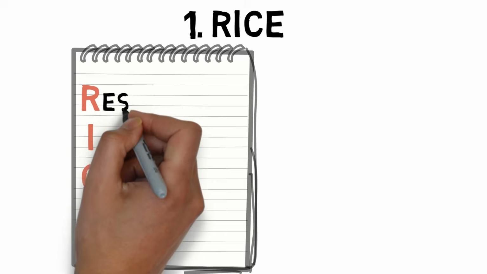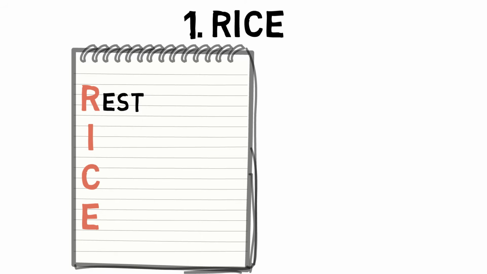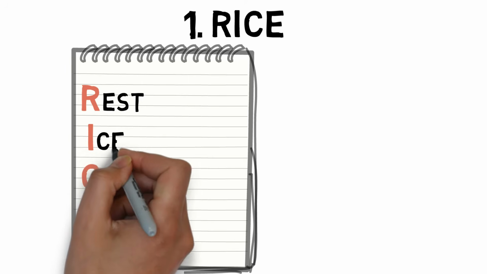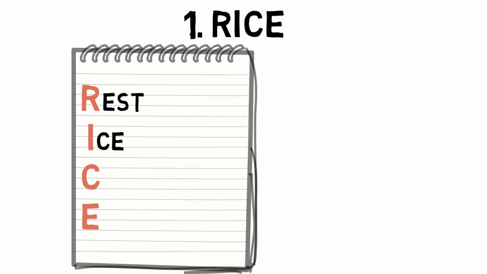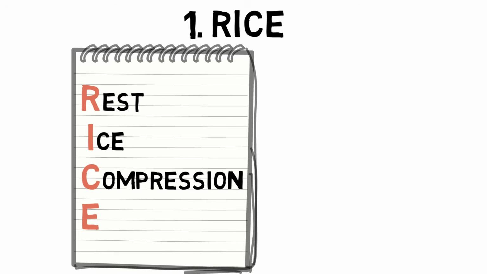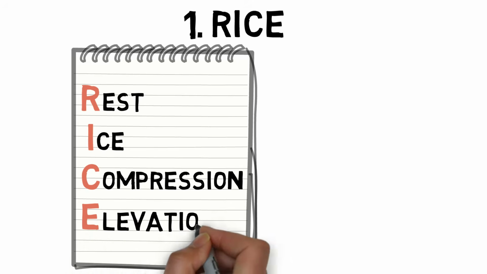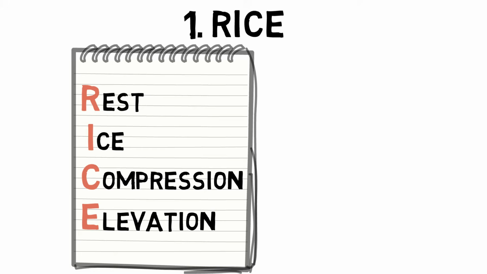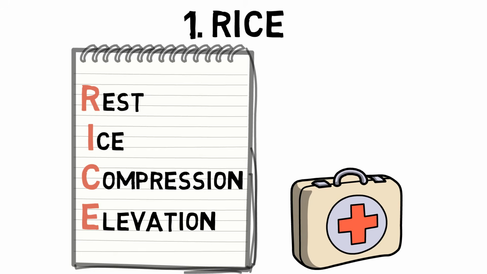Rest the injured part of the body, ice the affected area to reduce inflammation and pain via vasoconstriction, compression, which can include strapping or taping to reduce the damage of a swollen area. Elevation above the heart causes gravity to send fluid back towards the body's core.